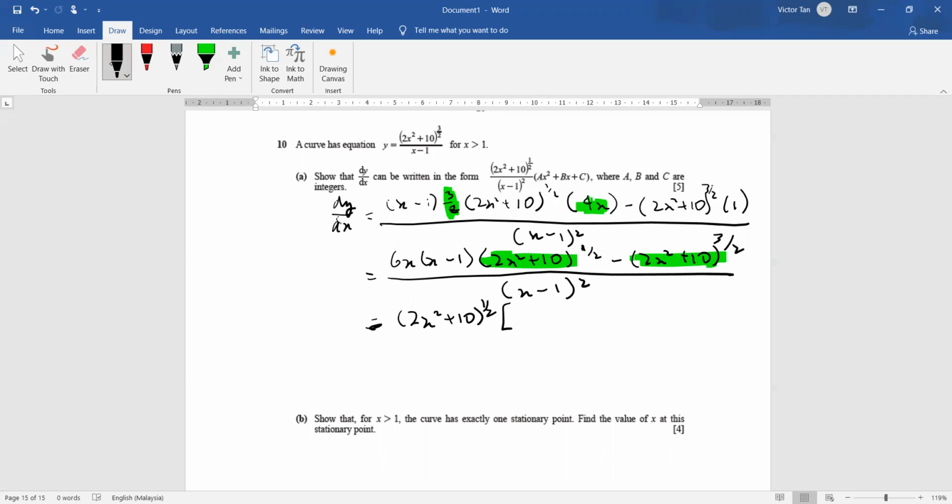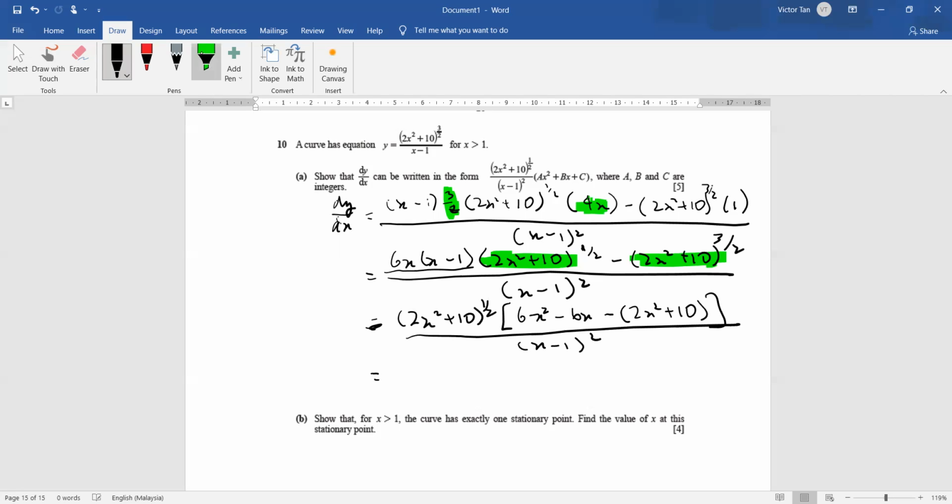So you have this 6x times x minus 1. So it will be 6x squared minus 6x minus this 2x squared plus 10. When you take 2x squared plus 10 power half times 2x squared plus 10, you get 2x squared plus 10 to the power of 3 over 2. That's the reason why. So this x minus 1 squared.